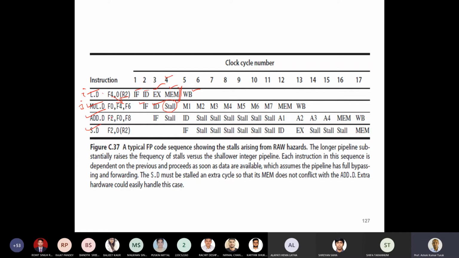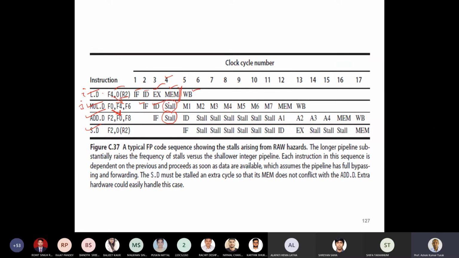Now let's look at the add instruction. Here also there is a dependency, a RAW hazard between the multiply instruction and the add instruction. So the add instruction is also stalled. At the end of clock cycle 4 or the beginning of clock cycle 5, the value of F4 is available.